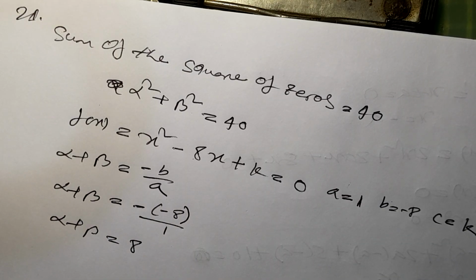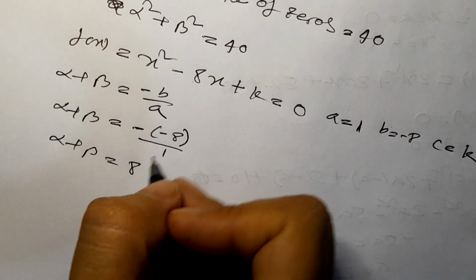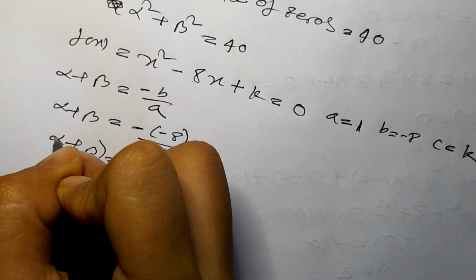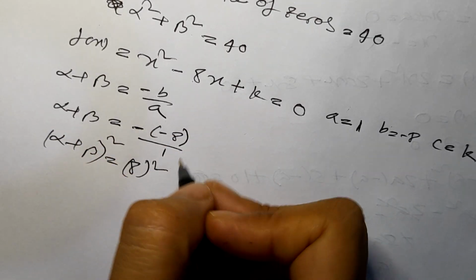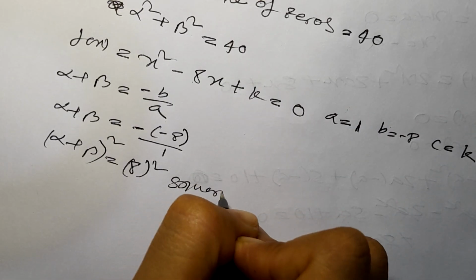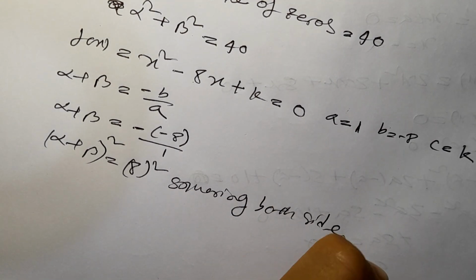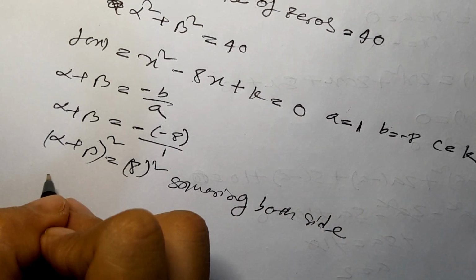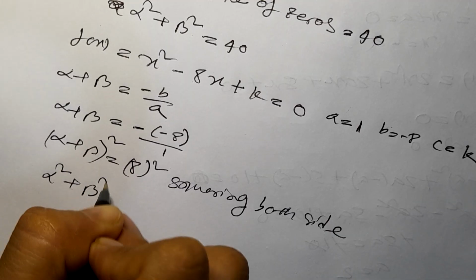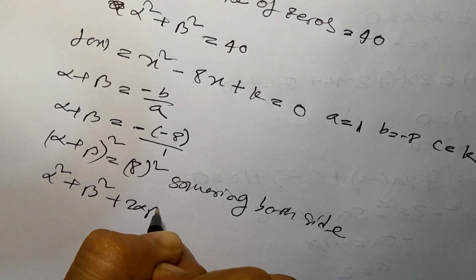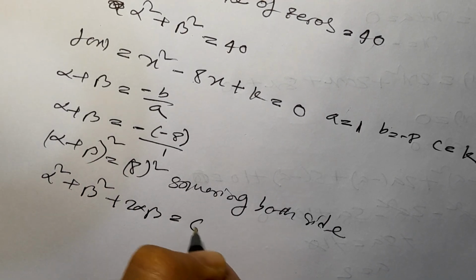So I have the alpha square plus beta square, so we have to go for squaring both sides. It will give alpha square plus beta square plus 2 alpha beta equal to 8 square, which is 64.